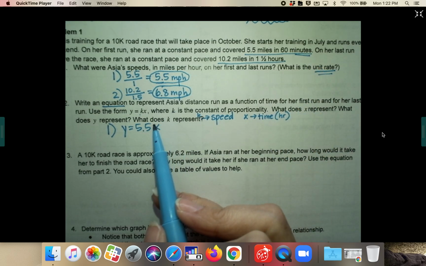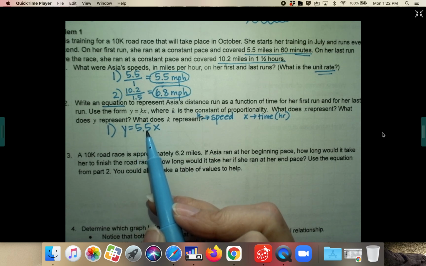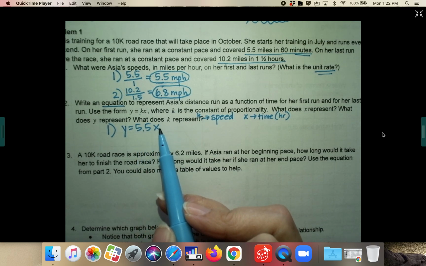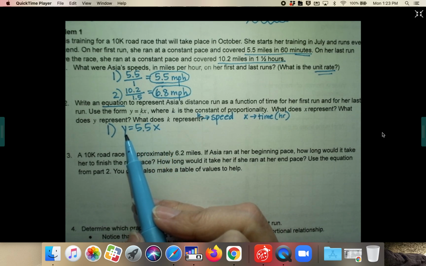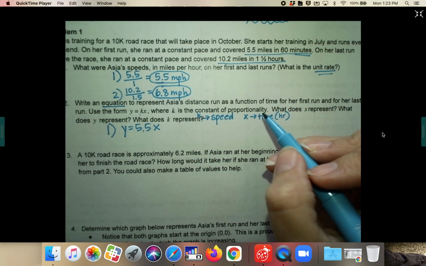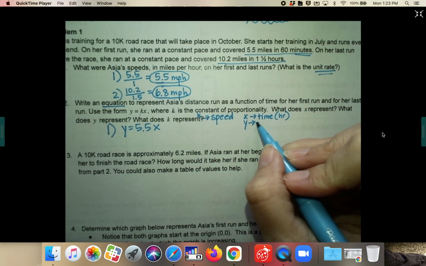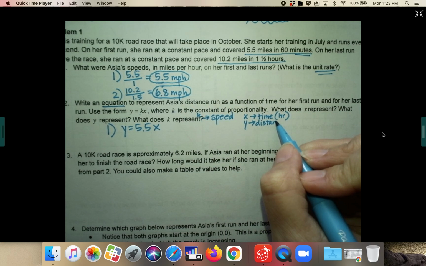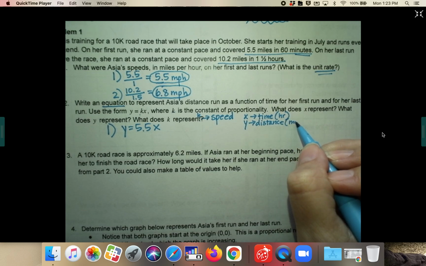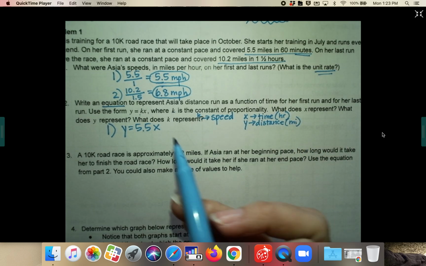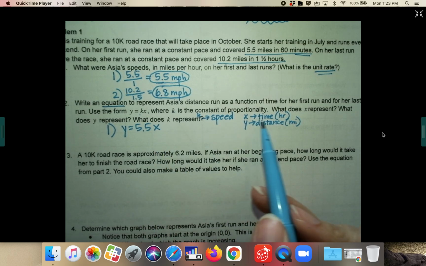So x is time. So if I said she ran 5.5 miles per hour for 2 hours, you would be able to tell me exactly the total number of miles she ran. So that means that y is going to represent the distance, which specifically that distance we're talking about is in miles.